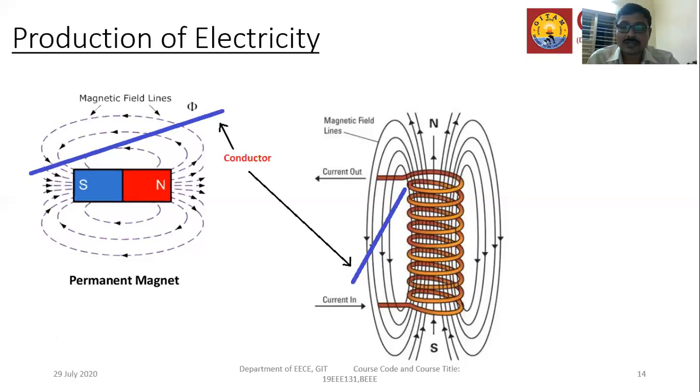This particular principle is used in transformers. In the transformers, you will have two coils placed in close proximity, and in one coil a varying current is applied, and in the secondary coil you will have induced EMF.